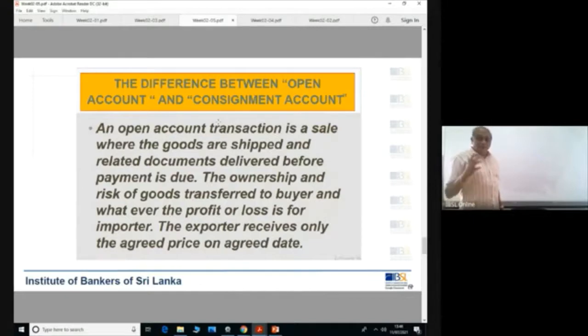The ownership and the risk of goods are transferred to the buyer, and whatever the profit or loss is for the importer. The exporter receives only the agreed price at the agreed date.